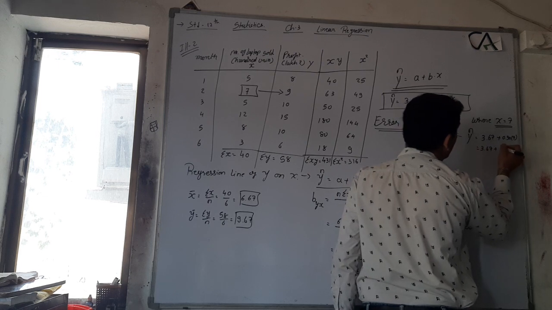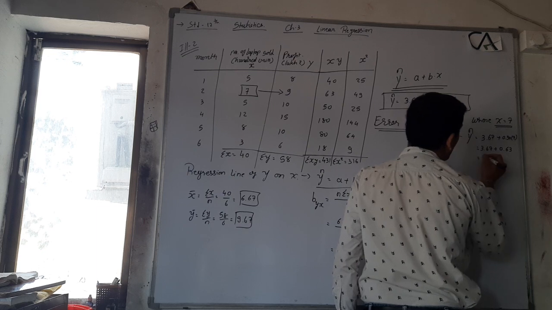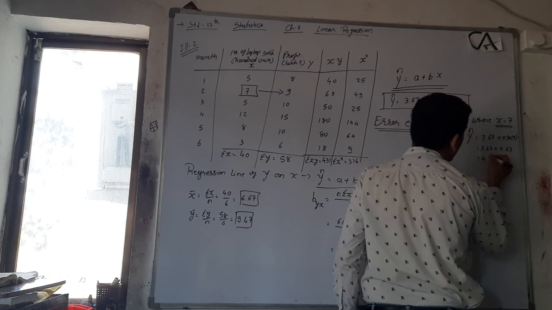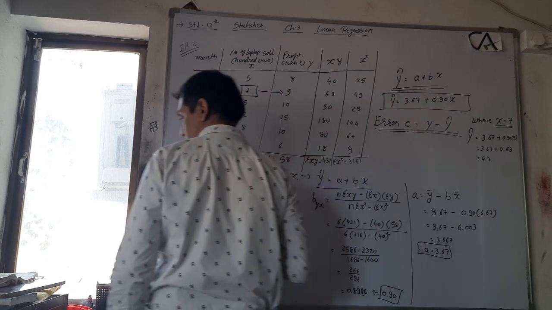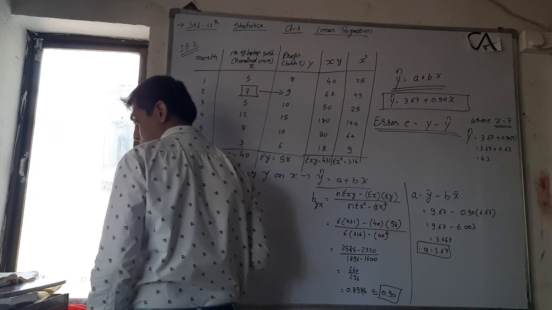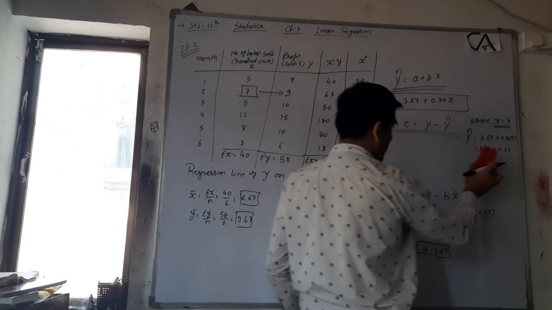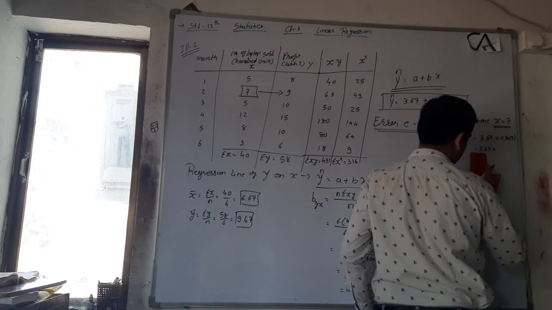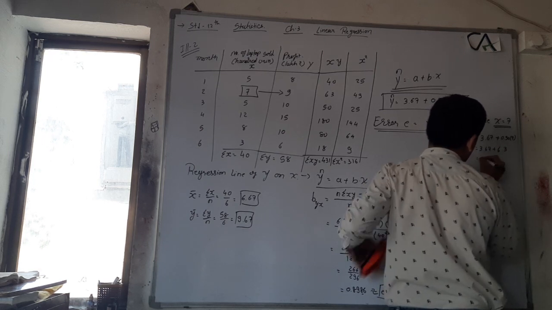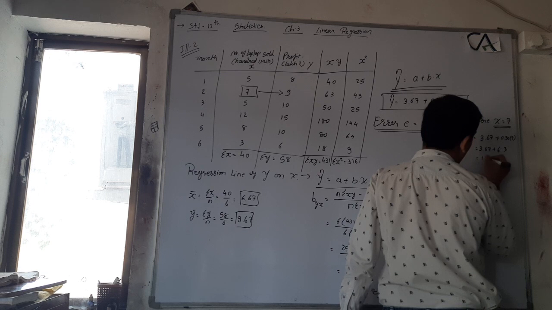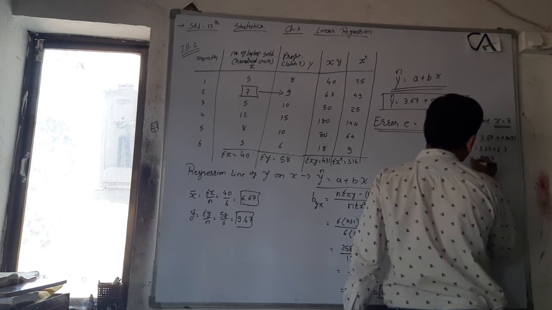3.67 plus 0.63 is equal to 4.3. Is it so? No, sir. It is 6.3. 6.3. So the answer is 9.97.